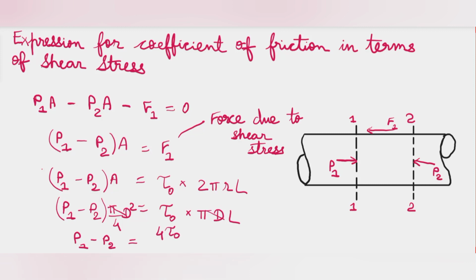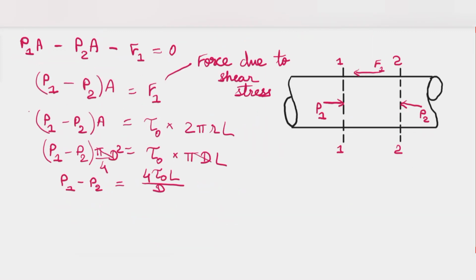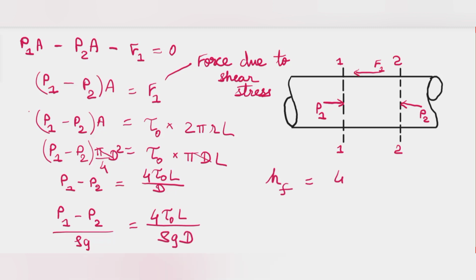So P1 minus P2 is equal to 4 tau naught L upon D. Then we also know the Darcy-Weisbach equation, which is HF equal to 4FLV square upon 2gD. Here we divide both sides by rho g, so that (P1 minus P2) by rho g is equal to HF, and HF will be equal to 4 tau naught L upon rho g D.